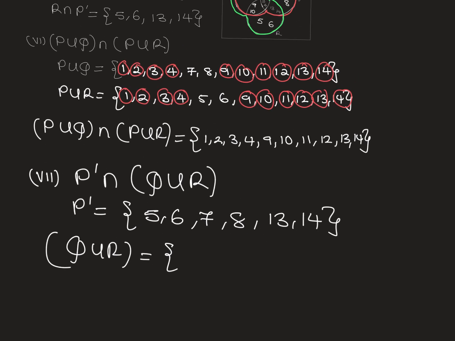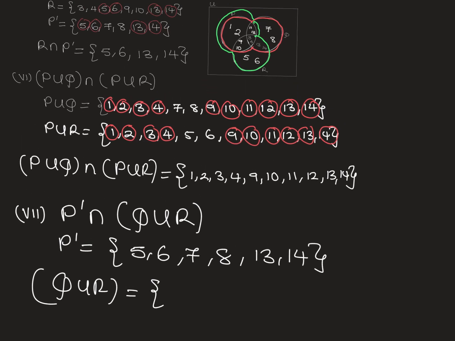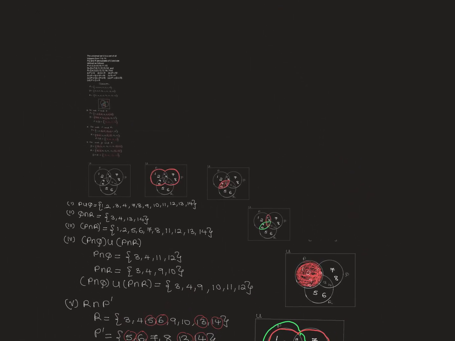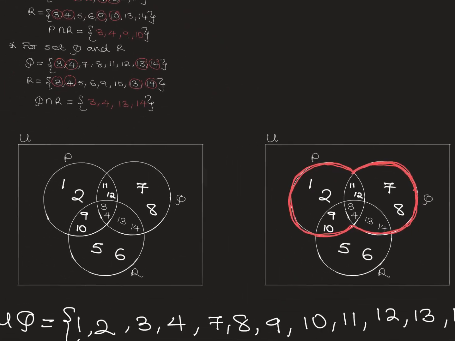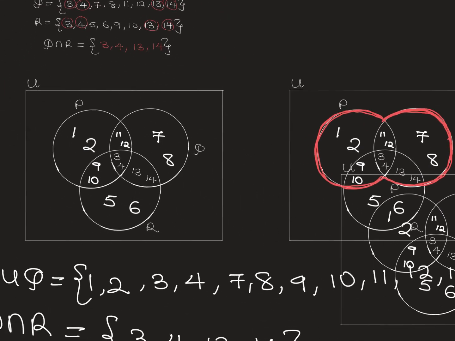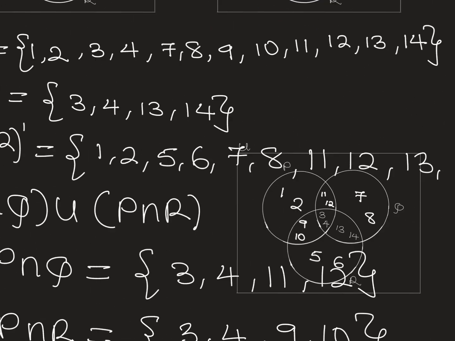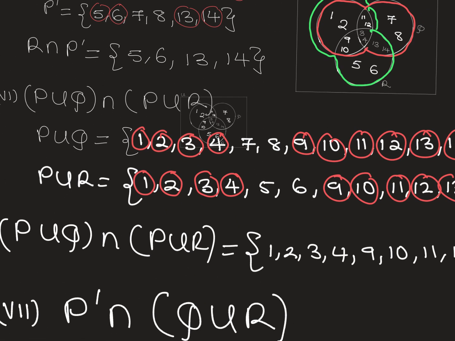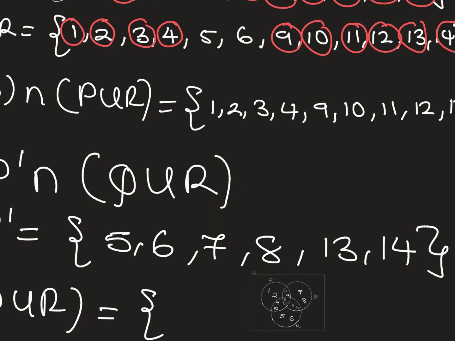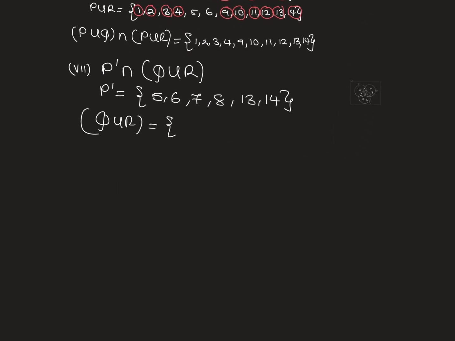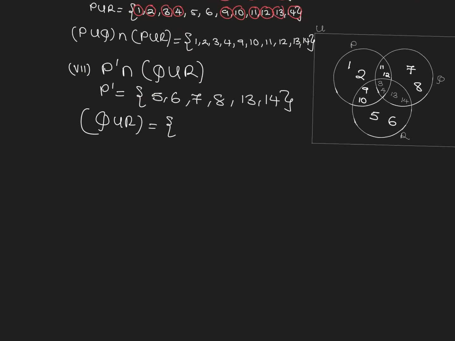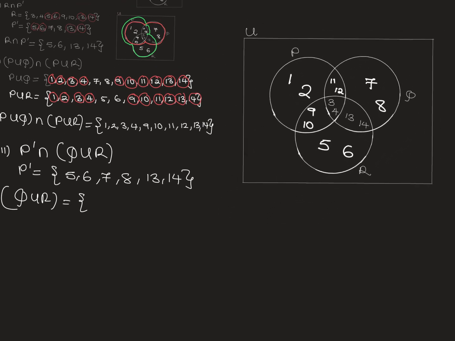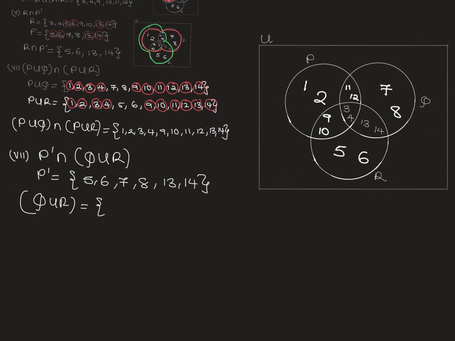So what is Q union R? Let me try to obtain that from the set. Okay, this is the set.